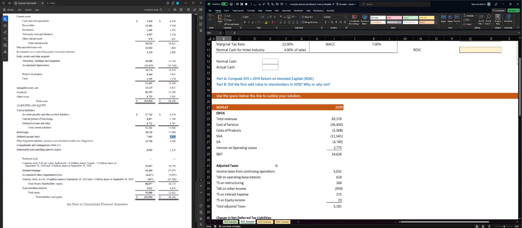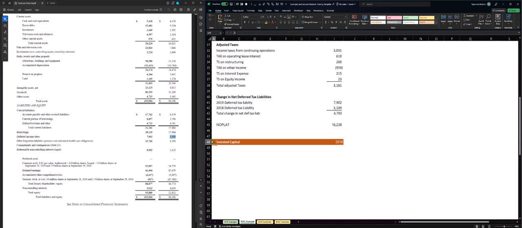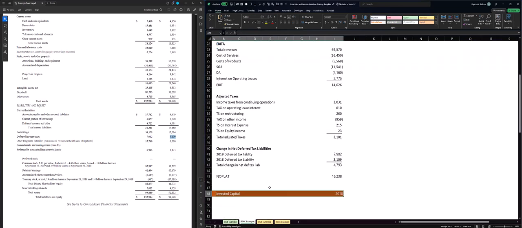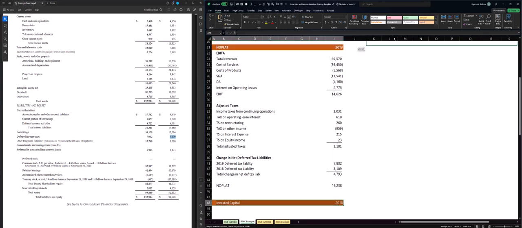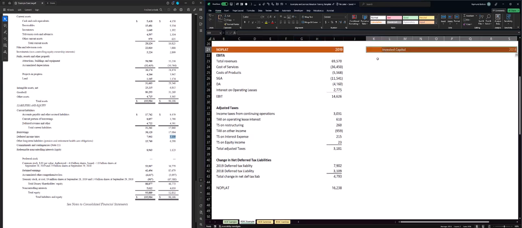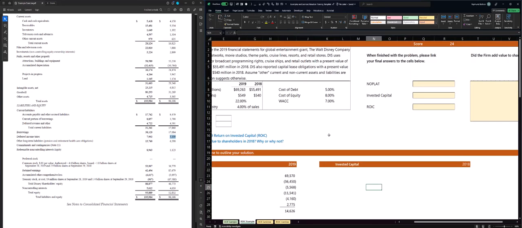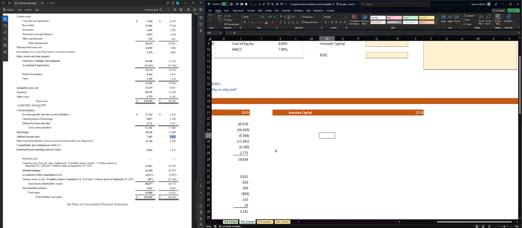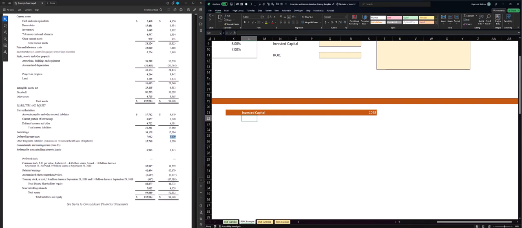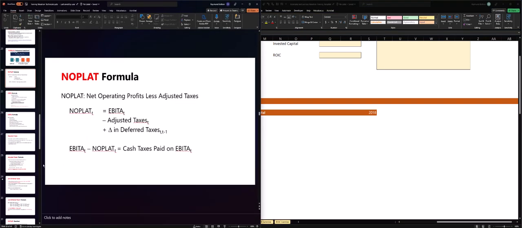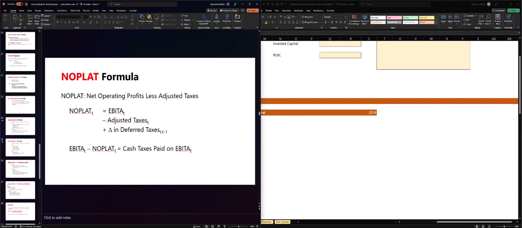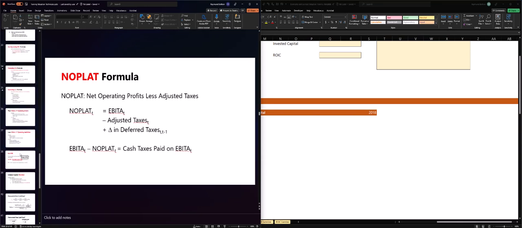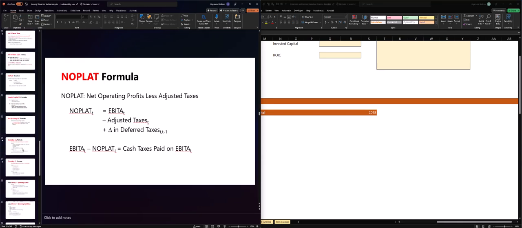Well, let's calculate the invested capital. So perhaps we should move it right here. Would that help? Maybe. Let's start with invested capital. Quick look at how we did it on the PowerPoint. Where did we start?